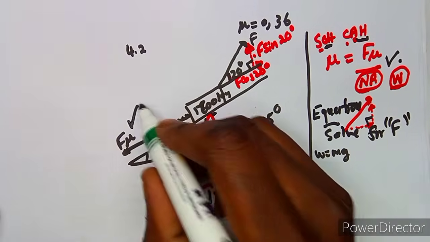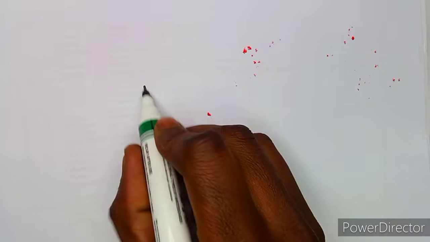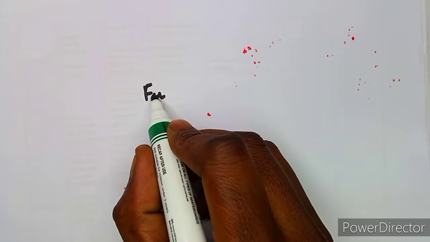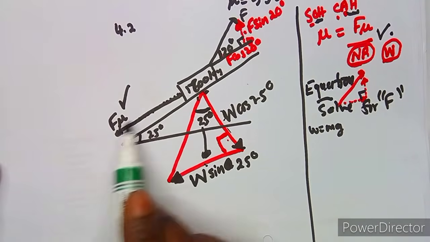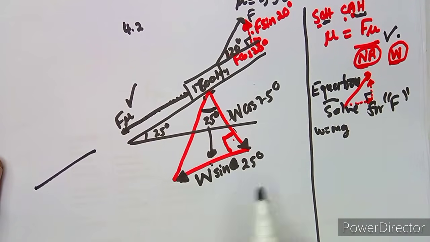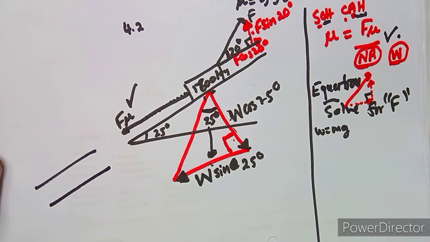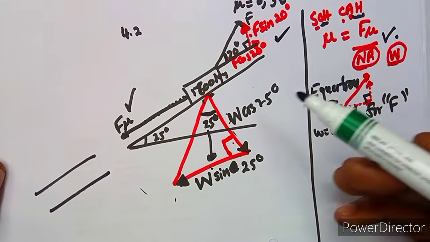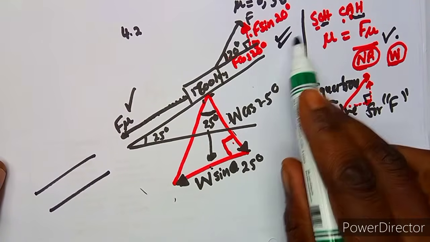We are going to find the frictional force, which will be added together with this, because as you can see, the frictional force is going this way and the weight component is also going this way. You see, guys, what is happening here? These two are going in the same direction. So if we add these two, they must give us this one, which is going upwards.